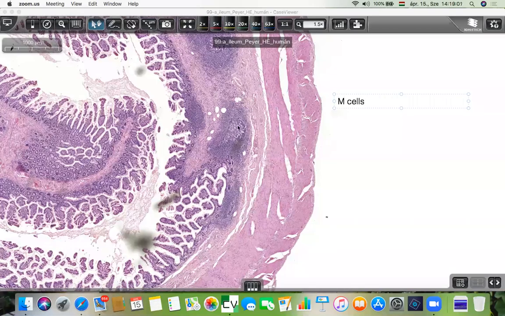On the antimesenterial side, as modified enterocytes, they are presented among the surface epithelial cells.